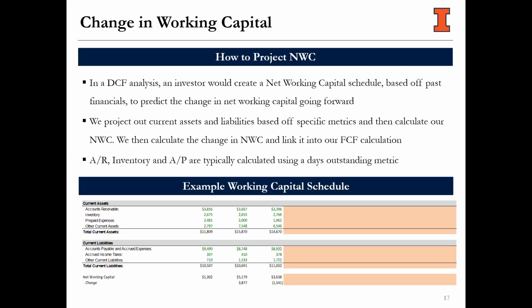Make sure you are subtracting out the change and not the total net working capital number, because the total net working capital number is not what you are subtracting. That's not what the change in cash is. The change is the actual number that is the change in net working capital, because this is what the impact is on cash. I know that is a little confusing, but it should hopefully make more sense as we begin to build out the model. It's important to note that you're subtracting the change, not the total net working capital.